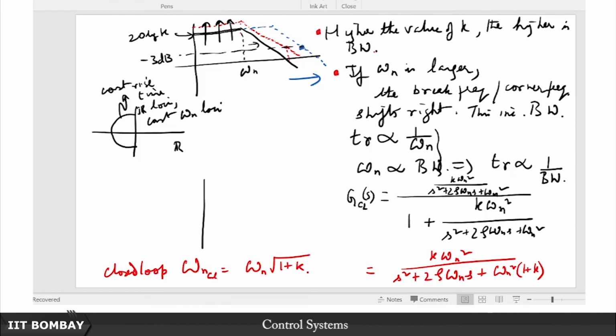But now we are saying, suppose we put it in closed loop, then also I see that in closed loop, I am now interested in this closed loop omega n. Let's say this is going to be a one off, by the way. Throughout everything that we do, we are only going to concern ourselves with open loop Bode plots.